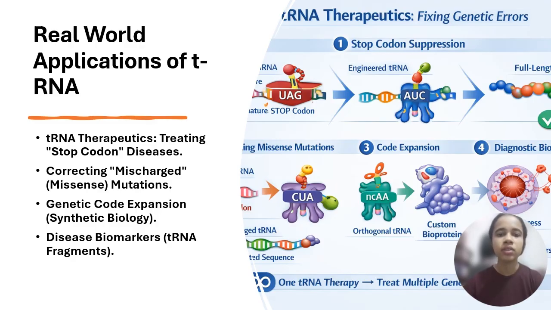Second, researchers are designing tRNAs which can correct certain genetic mistakes. In synthetic biology, modified tRNAs are helping to create proteins with entirely new properties. And tiny fragments of tRNA are being designed as biomarkers for detecting diseases like cancer and neurological disorders. So tRNA is much more than a translator.